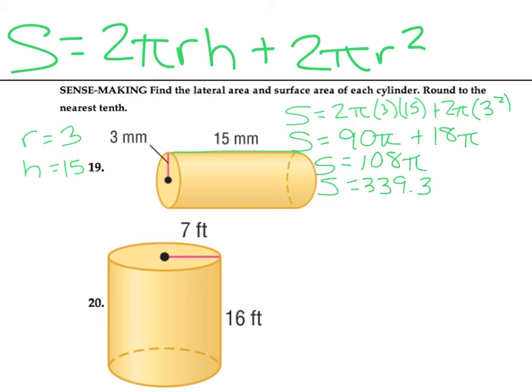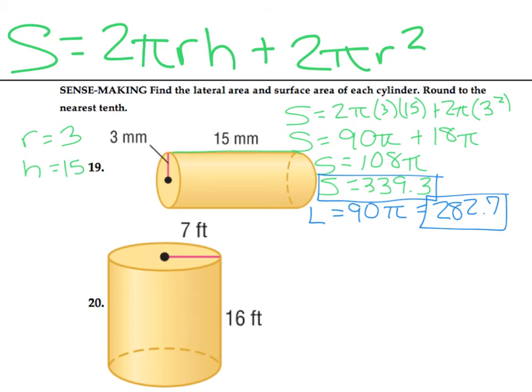Now to get my lateral area, I am going to take that 90 pi and multiply that out. So 90 times pi will give me about 282.7. Those are my two answers for the first problem.